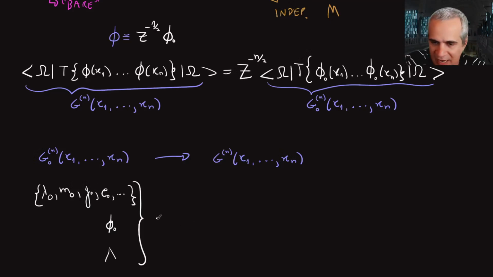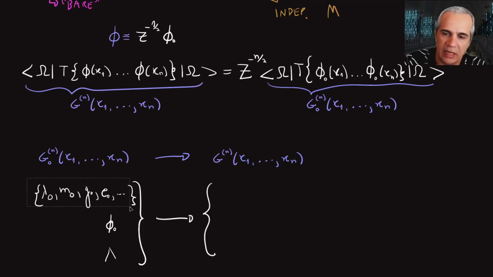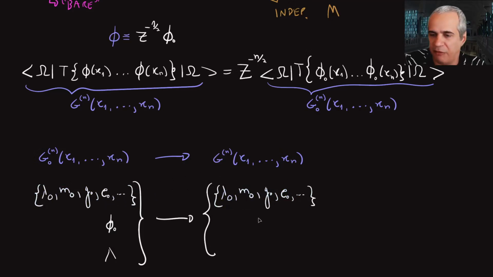The point is that after renormalization, the constants have been renormalized. You define some lambda, a physical mass or renormalized mass in the MS scheme, some couplings.